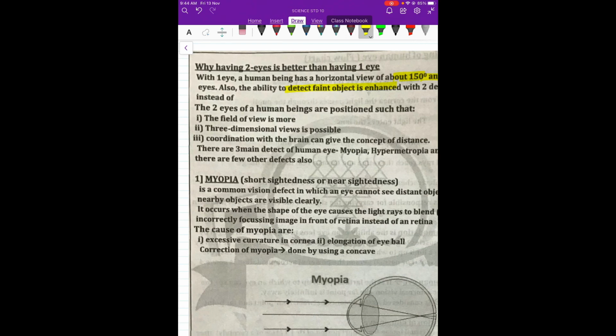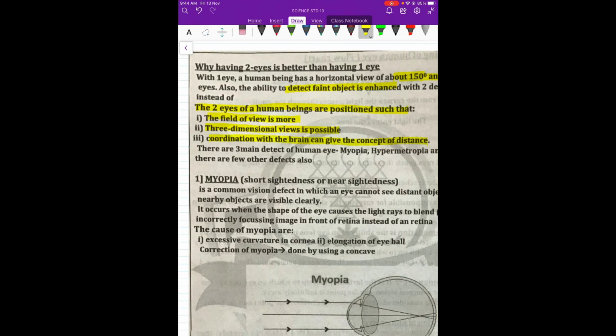So the two eyes of humans are positioned in such a way that first, the field of view is more, more than 180 degrees we can see. Second, three-dimensional views are possible. It's very, very important to feel the depth, height and everything in 3 dimensions. The third is that coordination with the brain can give the concept of distance.